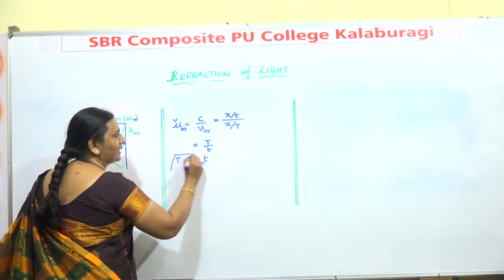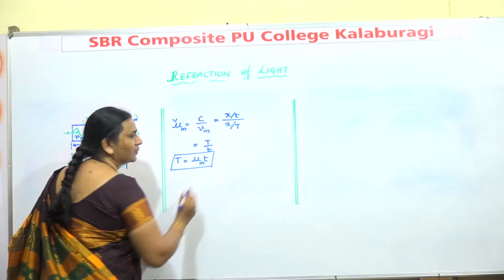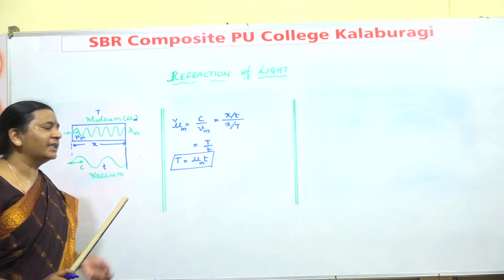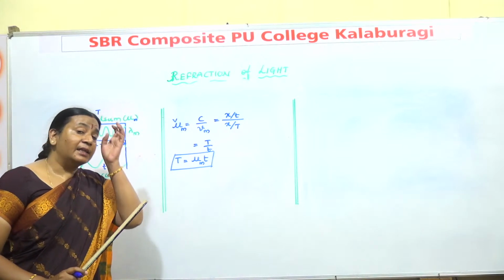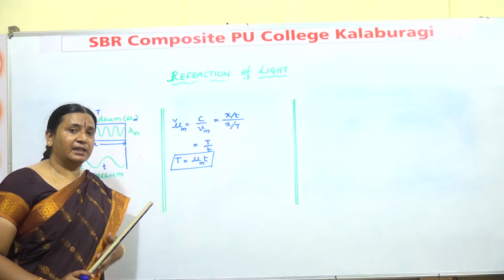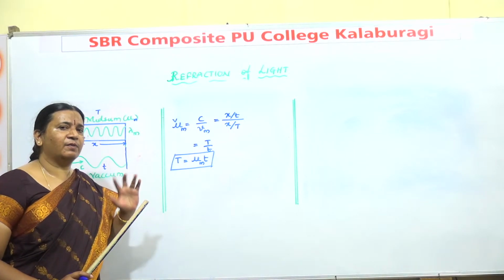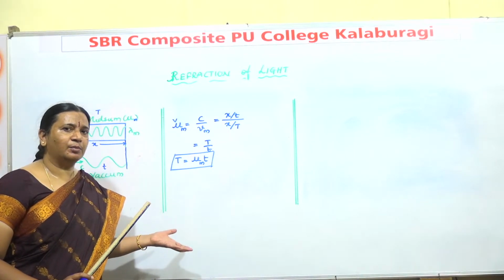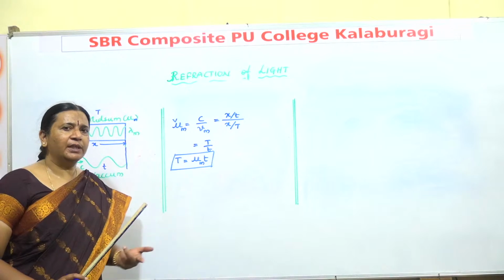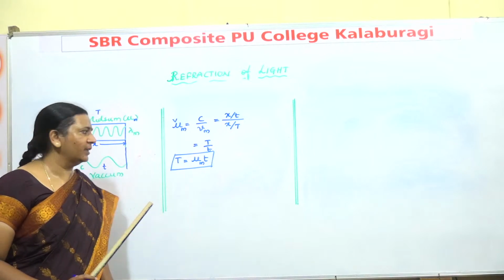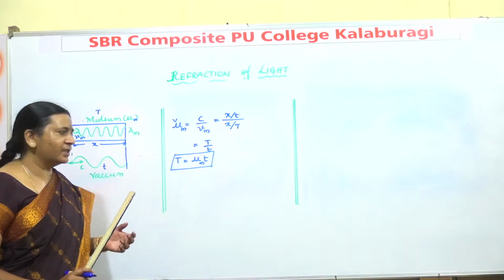So what does this indicate? Clearly, it indicates that the speed of light decreases when it travels from the vacuum to any other medium. Including air, but we neglect that as the refractive index is almost the same.